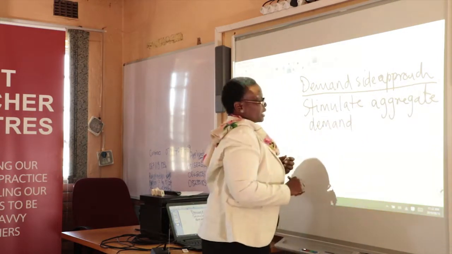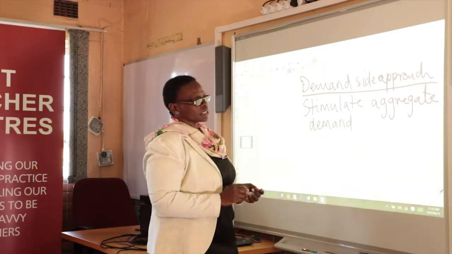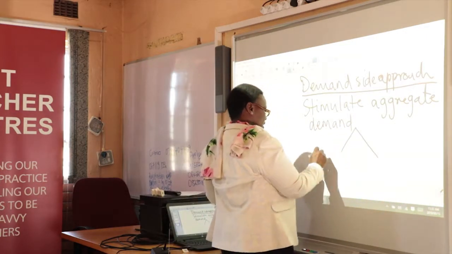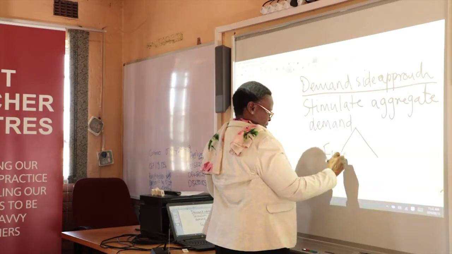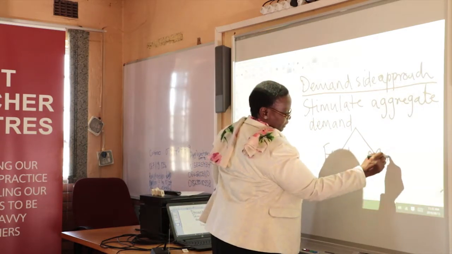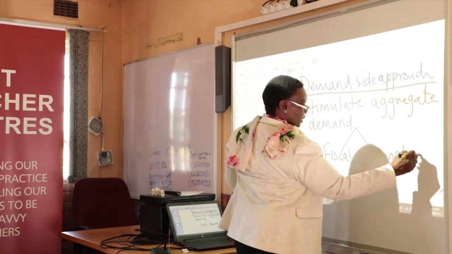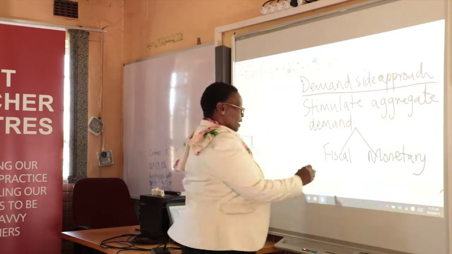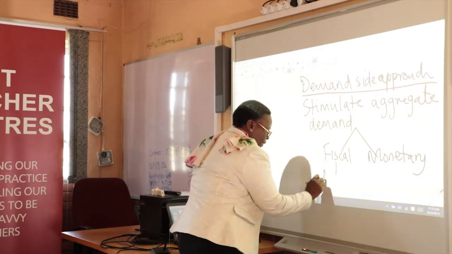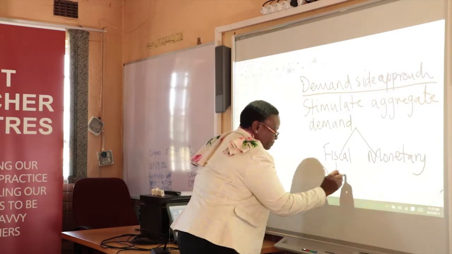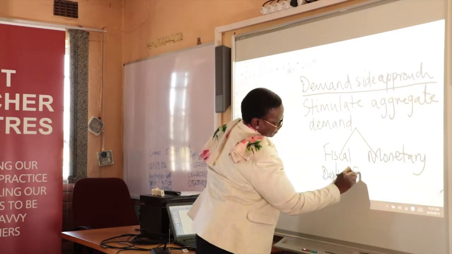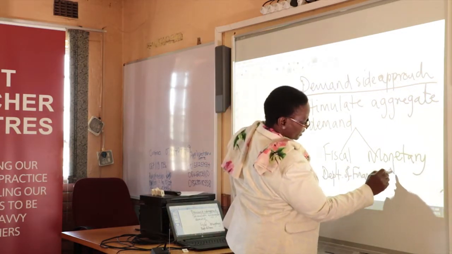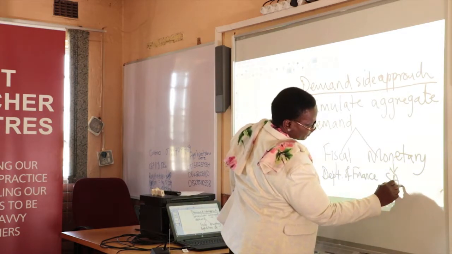And we know that even in the business cycles, the authorities applied two policies, which were the fiscal policy and the monetary policy. Now, the fiscal policy, we know that this is driven by the Department of Finance. And the monetary policy is driven by the South African Reserve Bank.